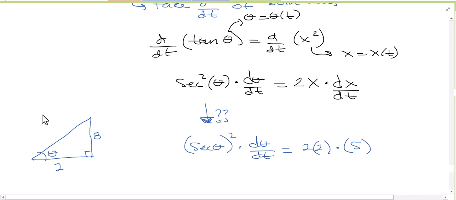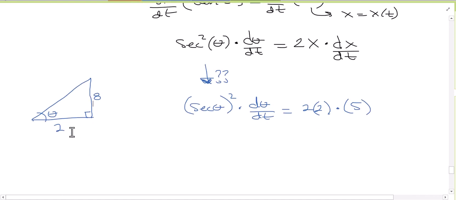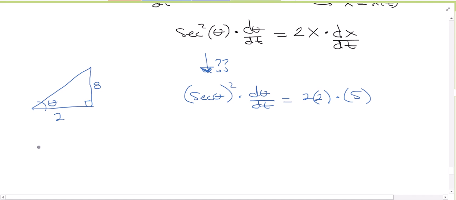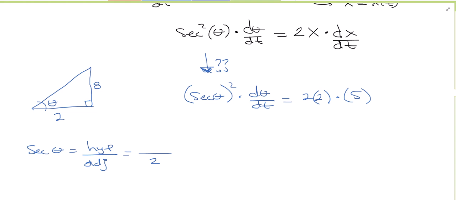What is secant? Cosine is adjacent over hypotenuse, so that means that secant theta is hypotenuse over adjacent. So we want to know the hypotenuse when this is 2 and that's 8. We already know the adjacent is 2. So let's find the hypotenuse.